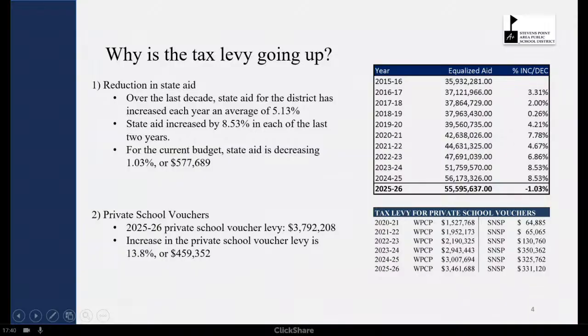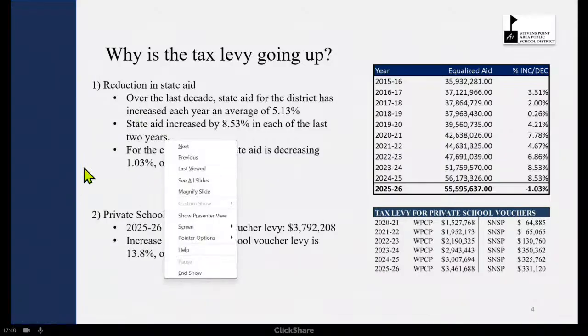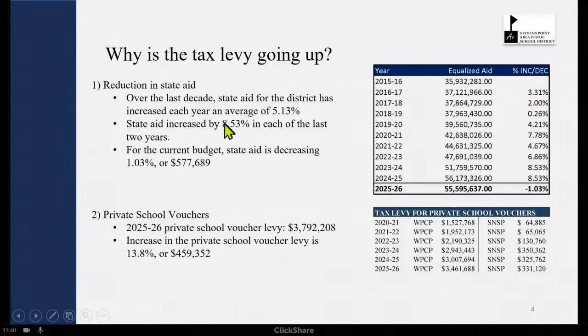Okay, so why is the tax levy going up? There are 3 main reasons. The first reason is a reduction in state aid. If you look at the table, over the last decade, we've seen an increase in state aid for each year, on average of 5.13% per year.